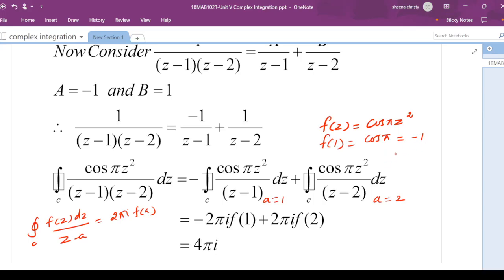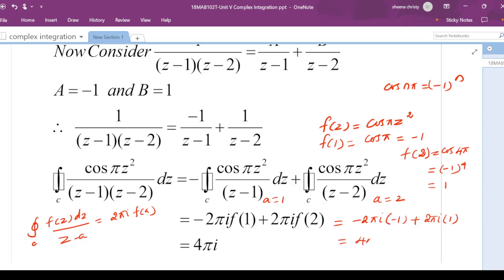Then you have to put z equal to 2, that gives you cos 4 pi. We know that cos n pi equal to (minus 1) to the power n. So you are going to have (minus 1) to the power 4. This gives you 1. Hence, minus 2 pi i into f of 1, whose value is minus 1, plus 2 pi i into f of 2, whose value is plus 1. So we are having 4 pi i.